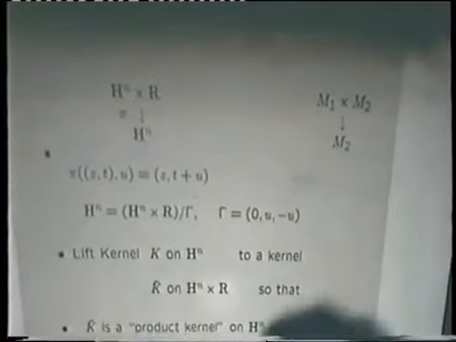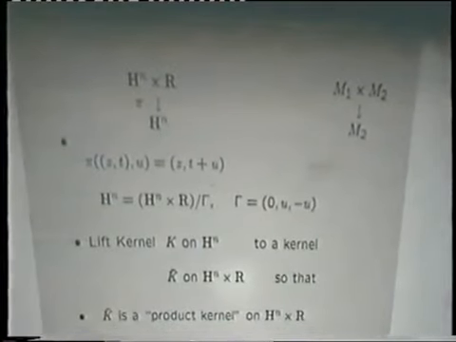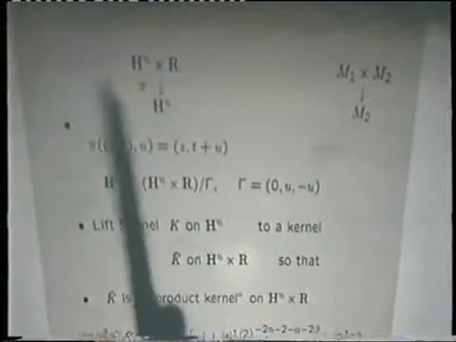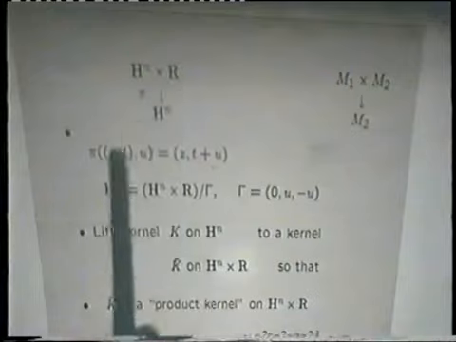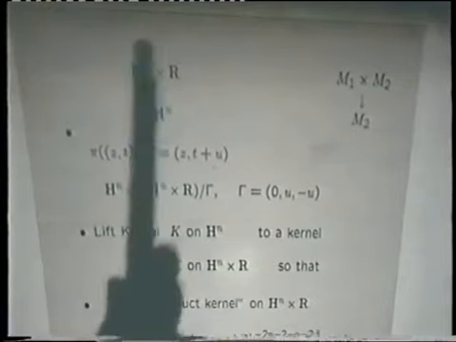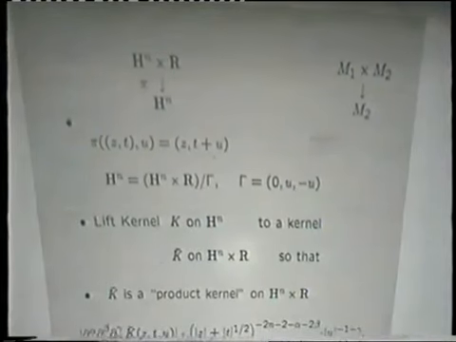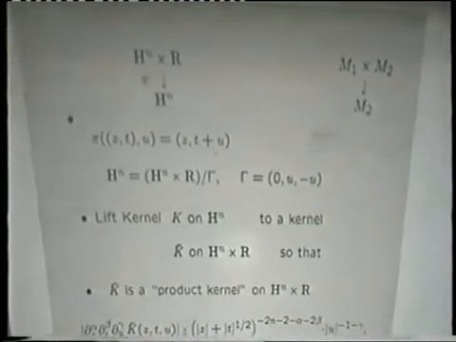So we start over here with an operator, a kernel on the Heisenberg group Hn, and now we think of Hn as the projection of the product Hn cross R, that's M1 cross M2, projected to Hn, where Hn is Z comma T and R is U, and this is the projection. So Hn is really the quotient of the product by that subgroup.